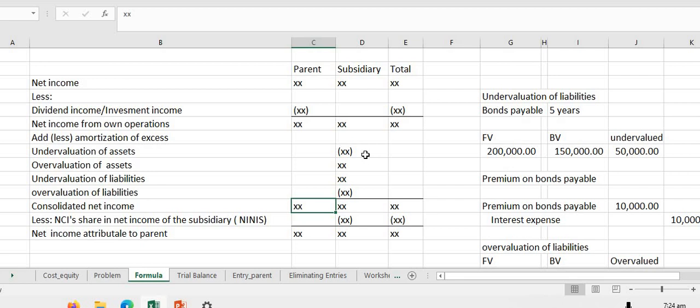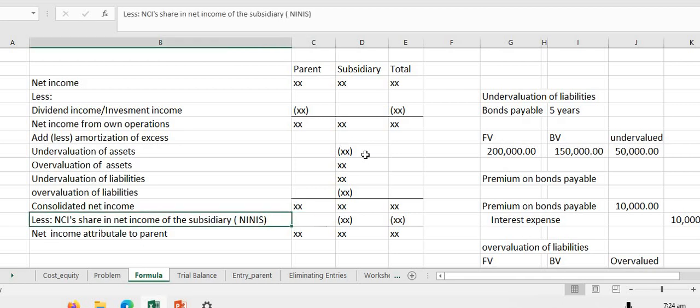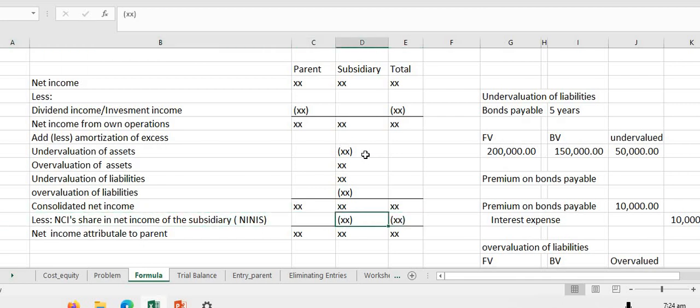Also, may share din si non-controlling interest sa net income ni subsidiary. Okay, so therefore, sa adjusted net income of the subsidiary, i-deduct natin yung NCI share in the net income of the subsidiary. Okay? Yan siya.